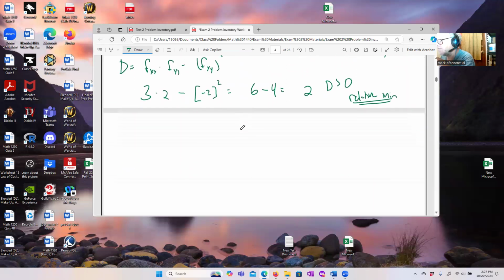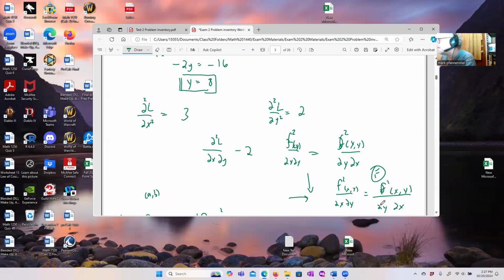So I'm just going to rewrite the function. We're going to say L, and then what were our values? 6 and 8.